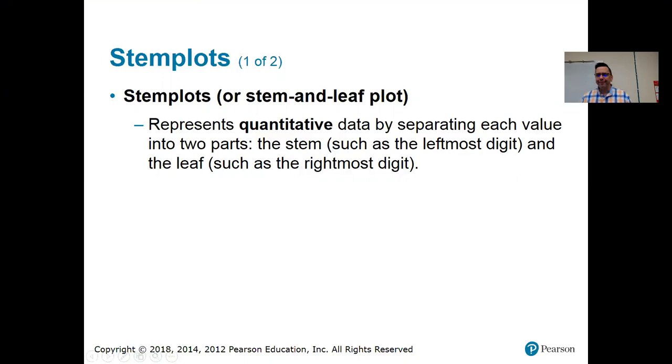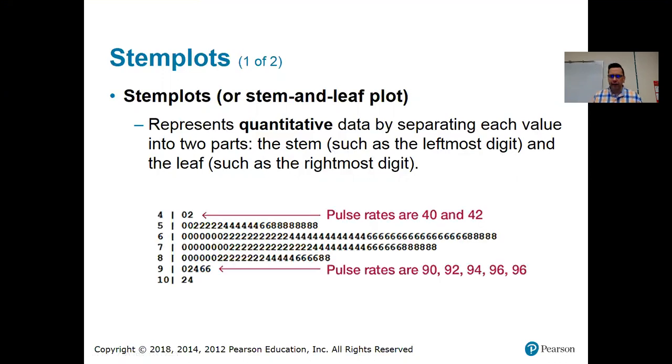Okay. So here is an example of a stem plot. Oh, goody, this is the original list of the pulse rates. And they're all even numbers for some reason. That's interesting. Okay, so that first row means that the slowest 2 pulse rates were 40 and 42.